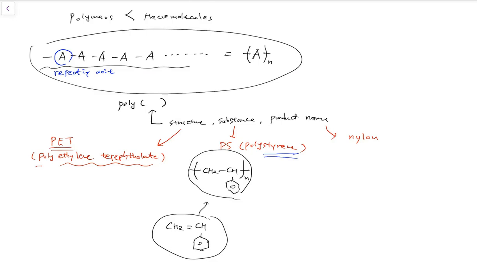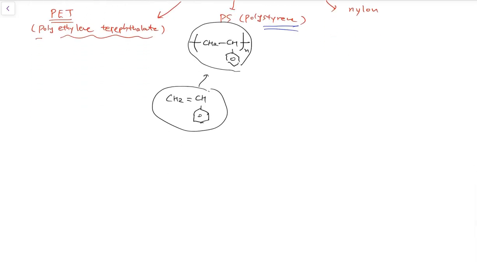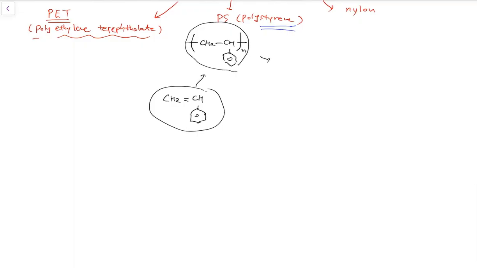So let's see some examples of polymers. We have already seen polystyrene. This polystyrene basically means that these structures are connected many times, something like this.